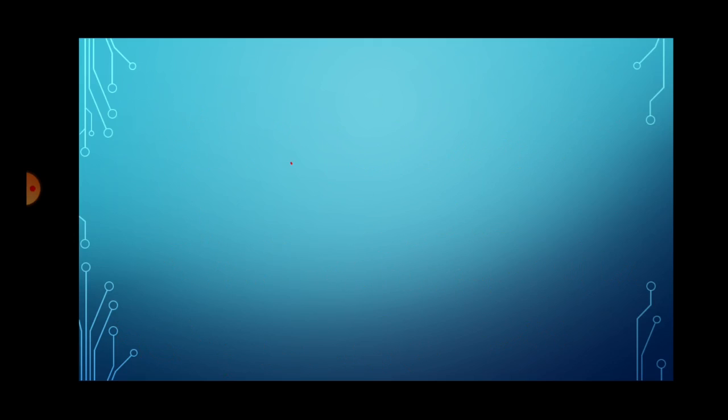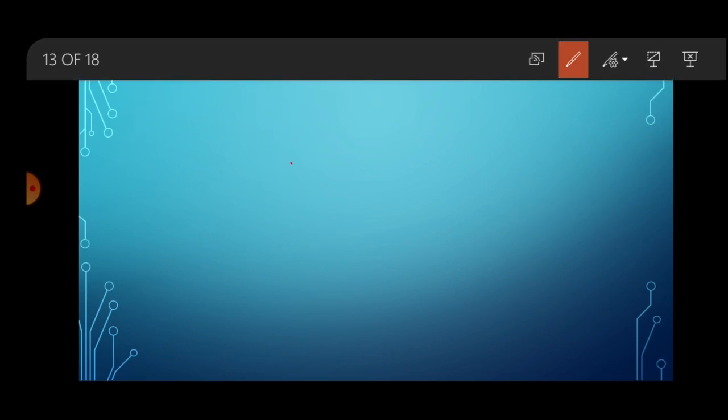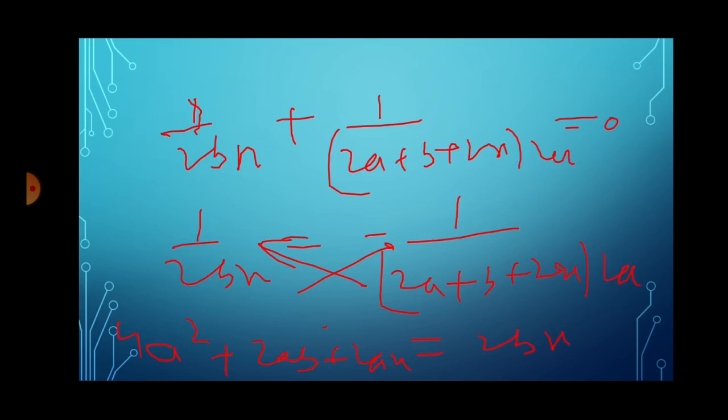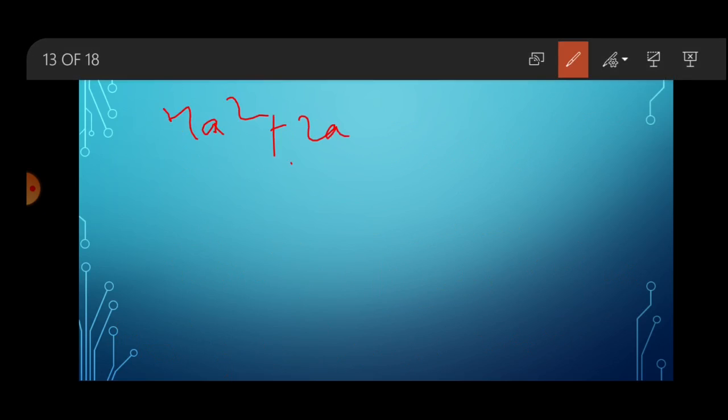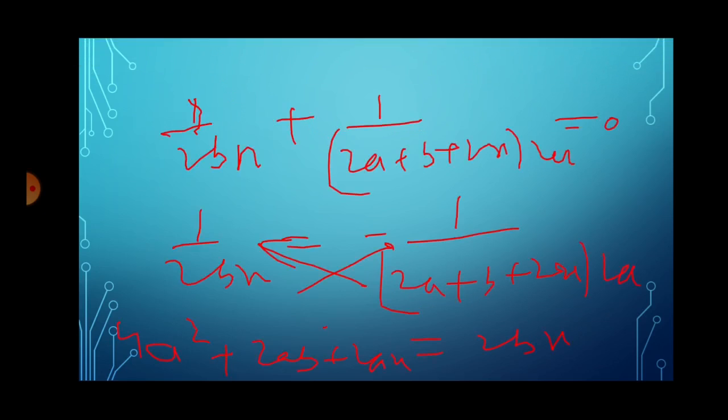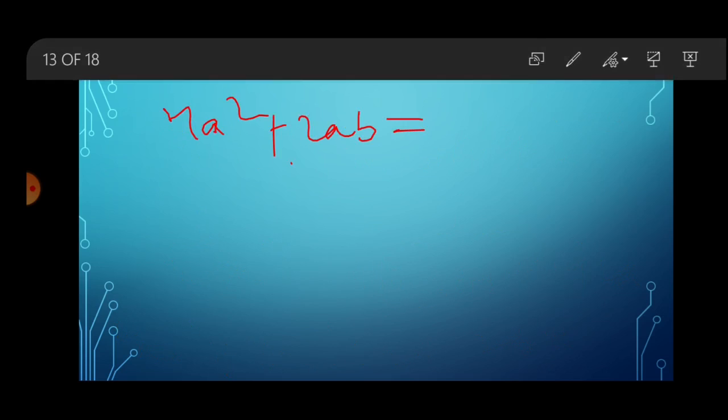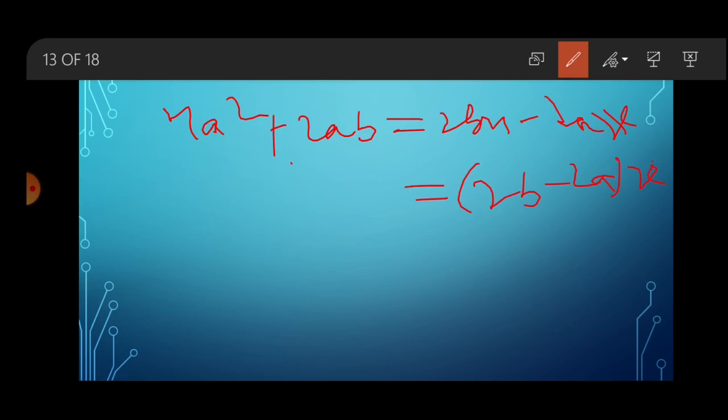So we have 4a squared plus 2ab is equal to 2bx minus 2ax. So we can take 2b minus 2a and x as common.